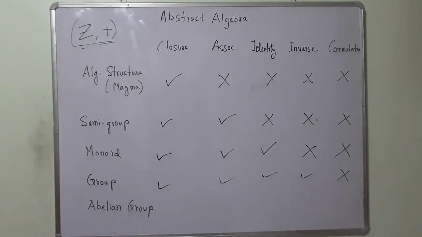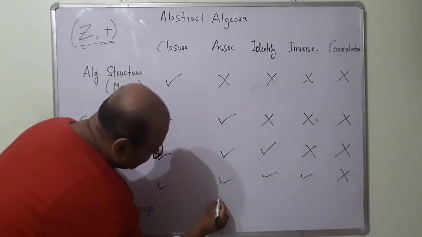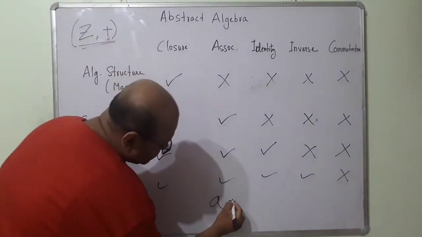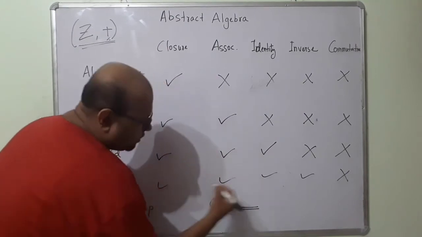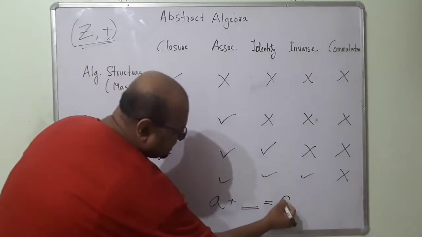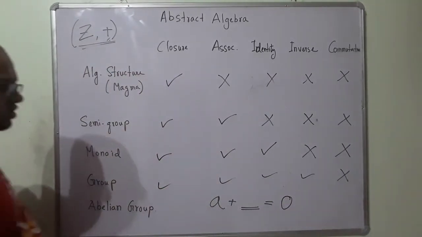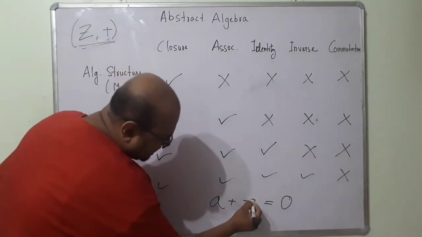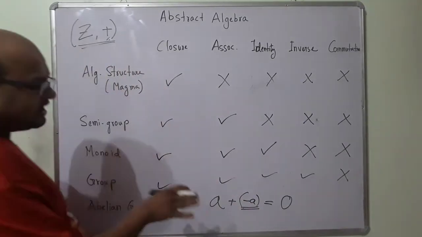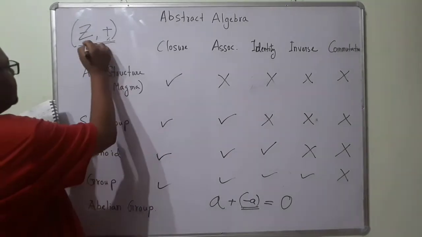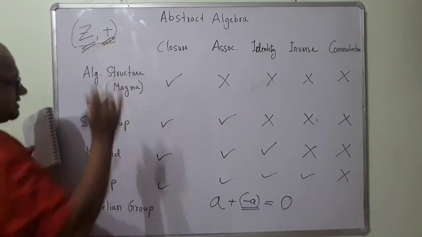Okay. What is inverse? Say I have some number A, I have this operation plus. When I add something to A, I will get back my identity. Identity is 0, right? So if I add minus A, then I will get back 0. So here is the question. Z and plus.